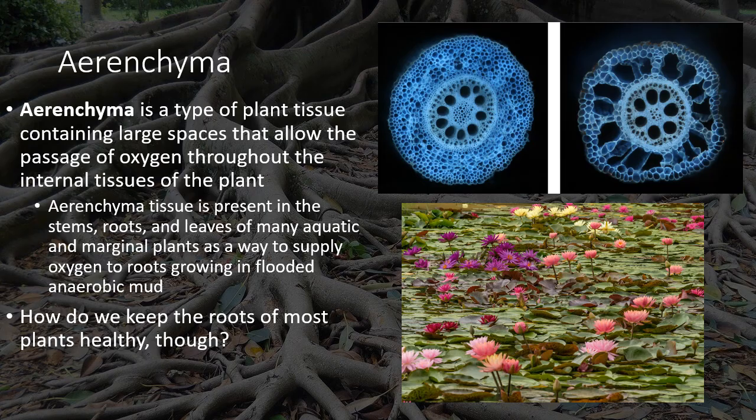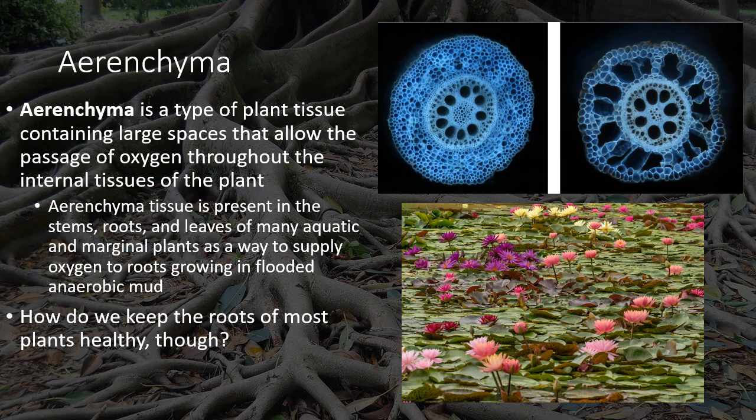The oxygen that's a waste product from photosynthesis can be piped down the petiole of the leaf, so the stalk of the leaf, through the rhizome or underground stem of the water lily, which is in the mud, and then down into the roots of that water lily in order to supply the oxygen that that root needs in order to live and grow, even when there's no oxygen available in these flooded anaerobic soils.